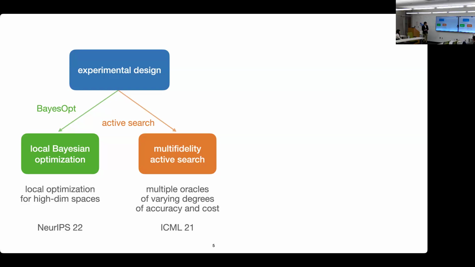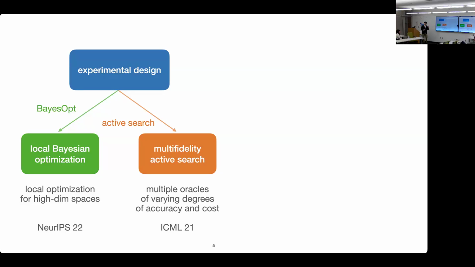One example is in multi-fidelity active search, which is a setting that is relevant in a lot of different scientific discovery problems where you have multiple oracles of varying degrees of accuracy and cost.